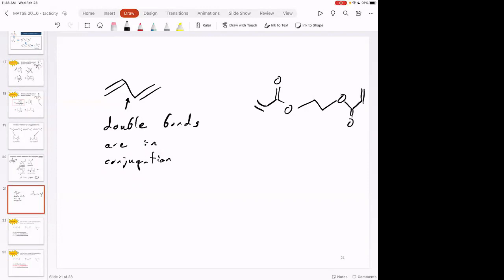Get my chemical structures okay. What's the DF of this monomer? 4. It's not a trick question. So why is the DF of butadiene 2 and the DF of this diacrylate 4?